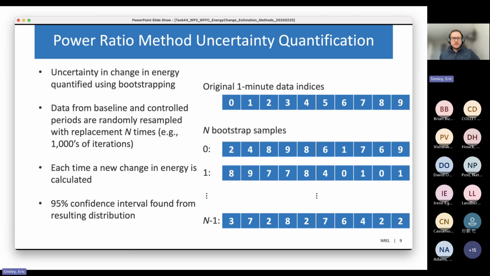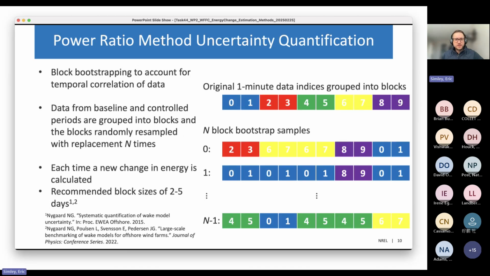Right. Yeah, so we do have that capability, and I have some results for different block sizes. And actually this next slide, oh, great. I added some color to the slide here, and just illustrated block bootstrapping, which is relatively new to me.